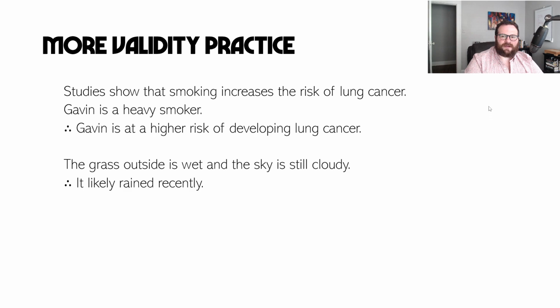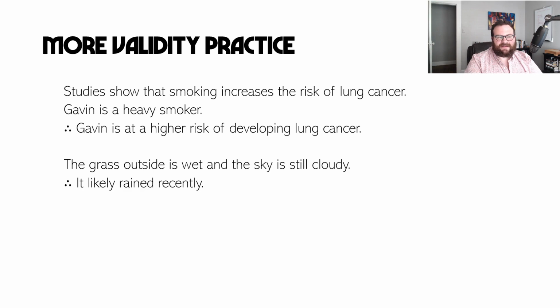What about this one? The grass outside is wet and the sky is still cloudy. Therefore, it likely rained recently. Let's imagine that the premise is true. The grass outside is wet and the sky is still cloudy. Does that mean it must be the case that it likely rained recently? No, clearly not, right?